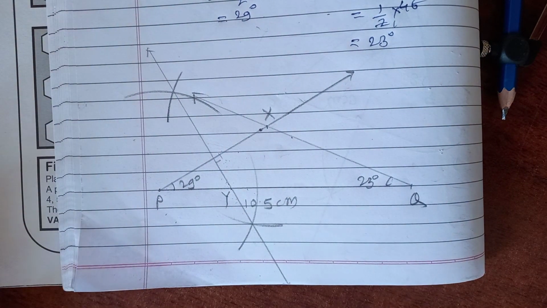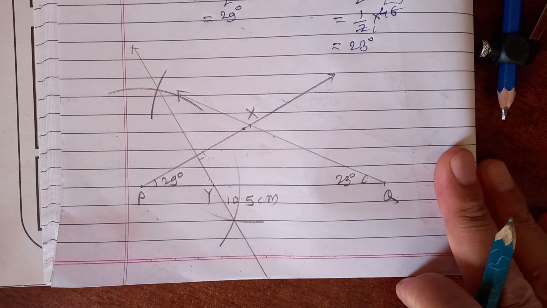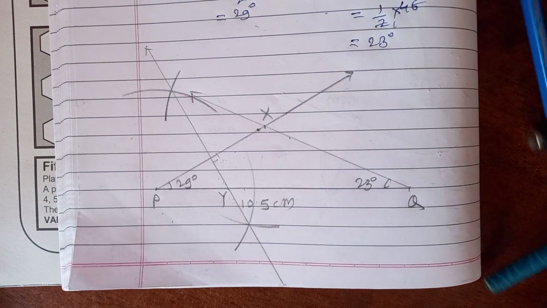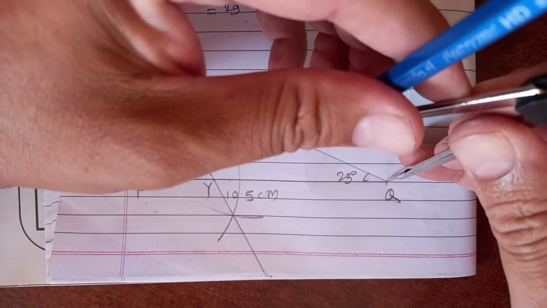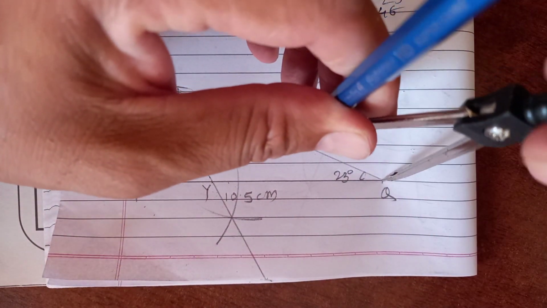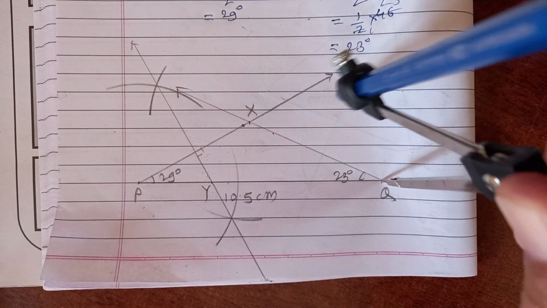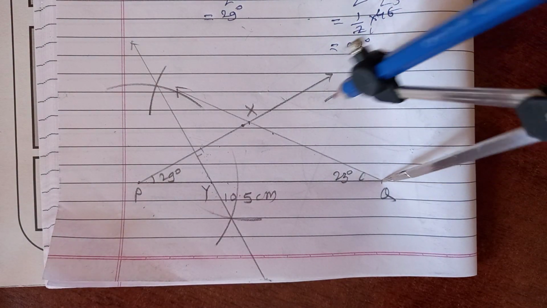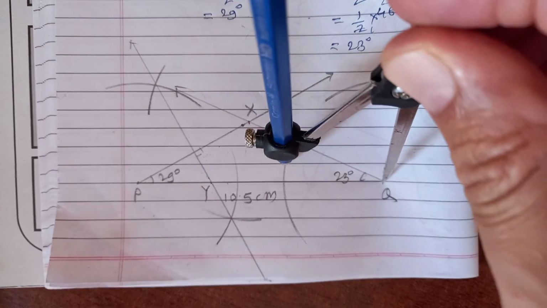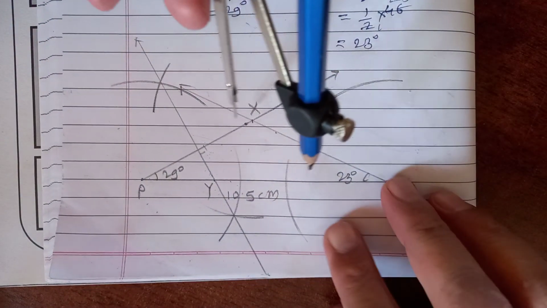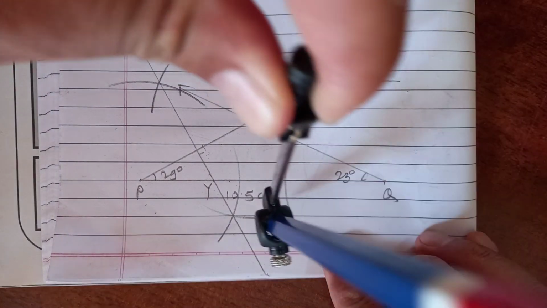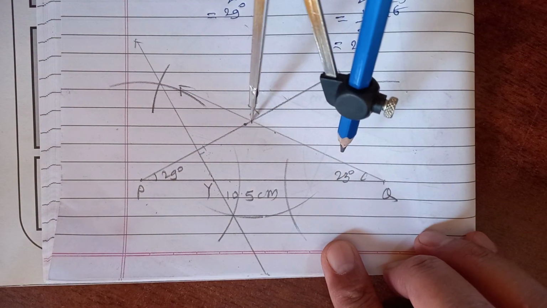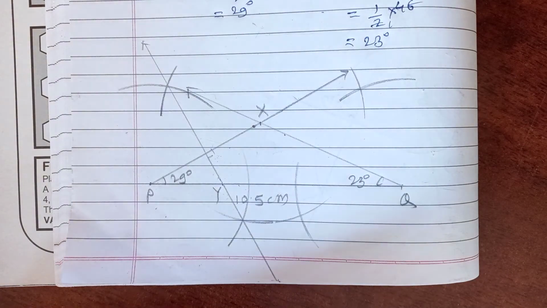Now we have to find Z. The same thing we have to do on segment XQ. Take more than half distance like this. Draw one arc here, another here downside. Then from the point X, taking the same distance, draw another two arcs intersecting these arcs. Remove the compass.